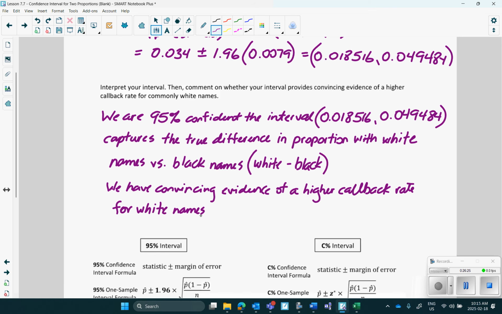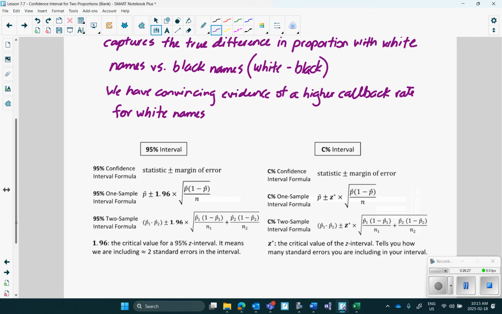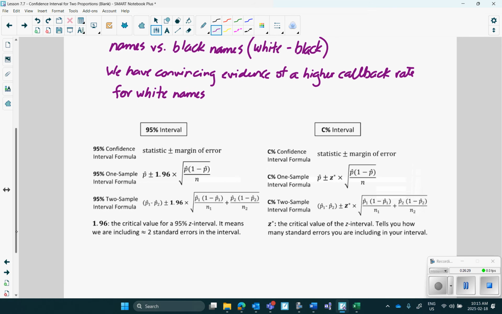This here just kind of sums up what we did way back early on in this unit compared to what we've done today. So remember, 95% confidence we knew was 1.96 standard deviations away. And we were able to calculate that using inverse norm, which you don't really have to worry about because you'll be able to use a graphing calculator to do all this work for you. Okay.